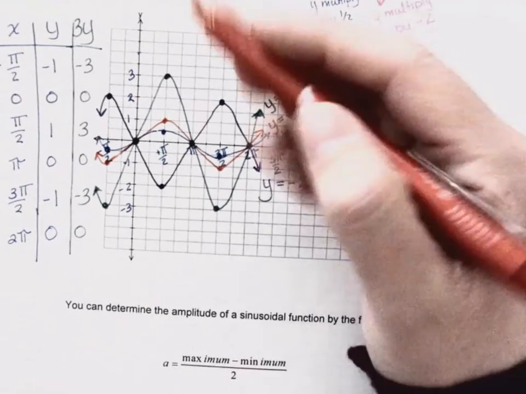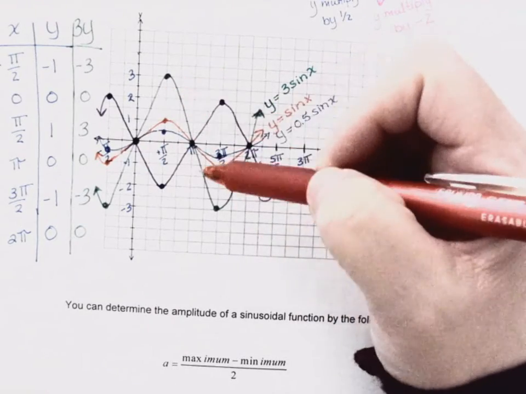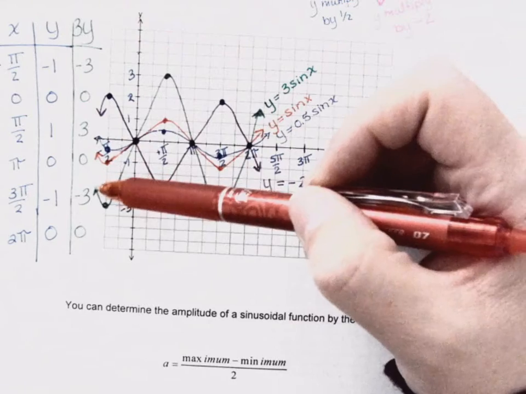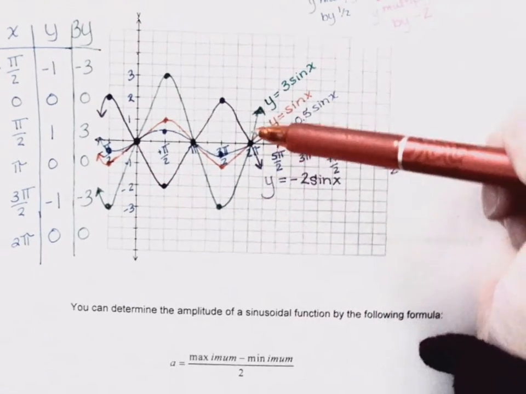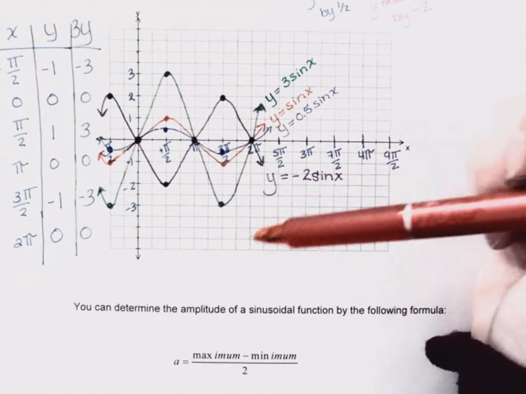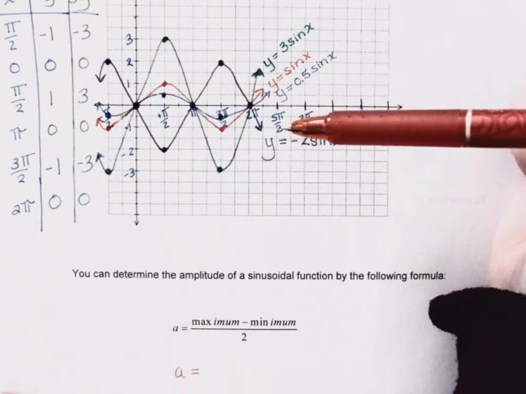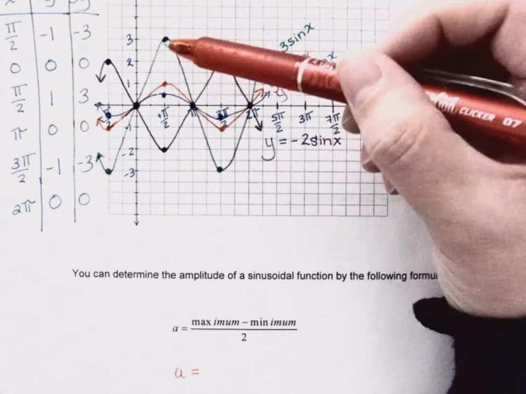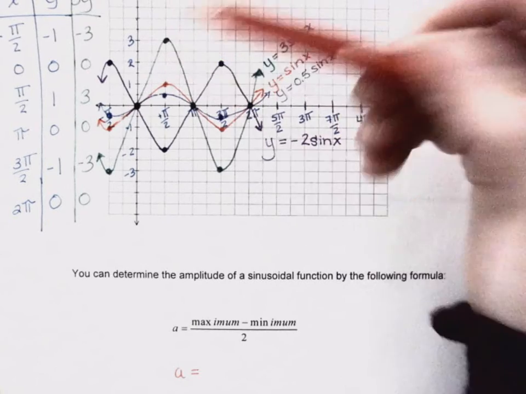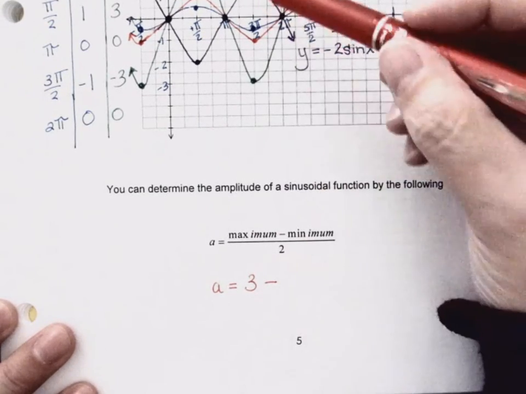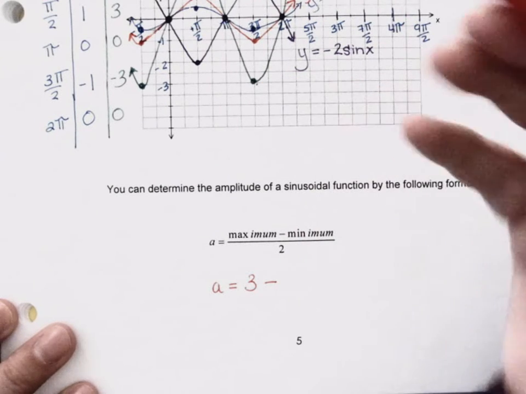So, would you guys agree that, this isn't the time to get lost, right? So, this green graph here, would you guys agree that it has an amplitude of 3? Okay. So, what's the maximum? 3. So, we're going to take 3, and we're going to subtract, what's the minimum? Negative 3.